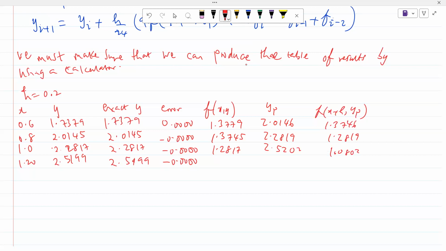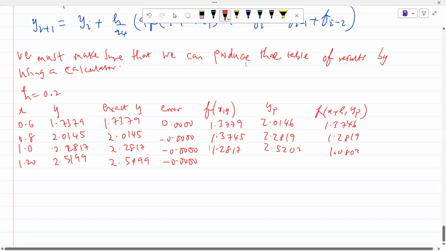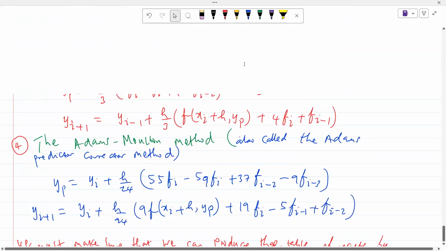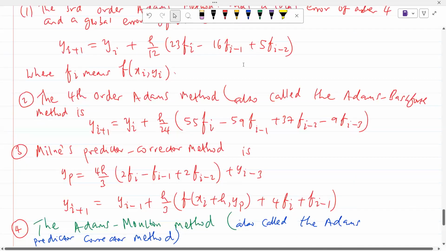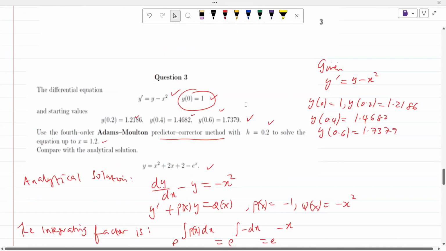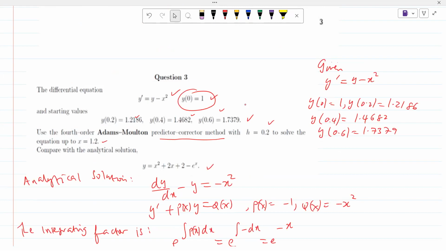So you have exactly these values, which are the approximations required here, because the question said to use the fourth order Adams-Moulton predictor corrector method with h equals 0.2 to solve the equation up to x equal to 1.2. But we understand that we start from 0, and some of these values are already known.